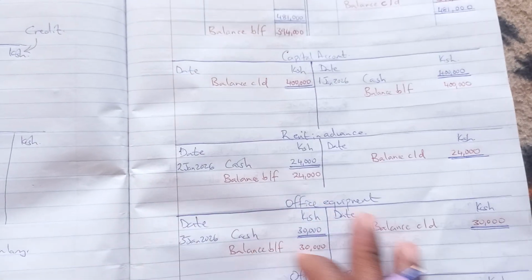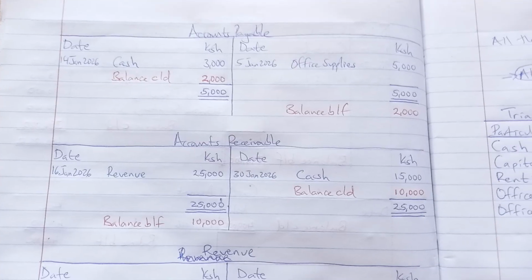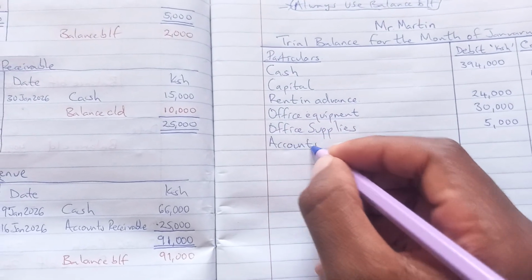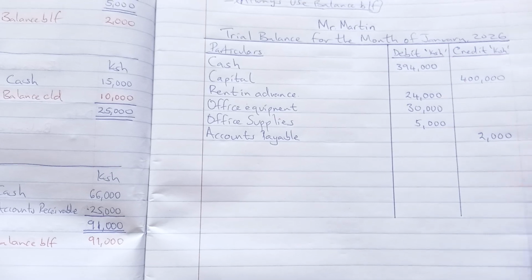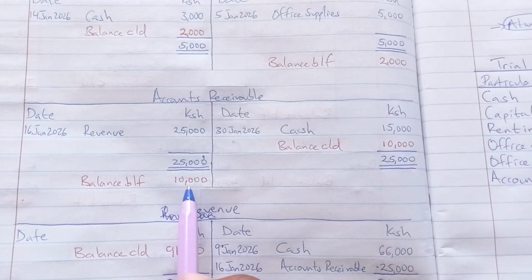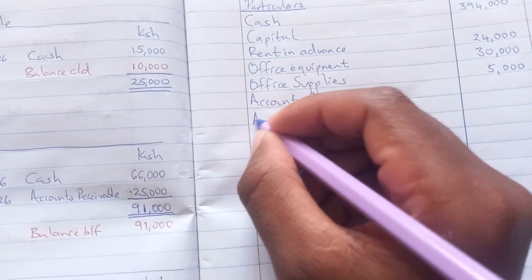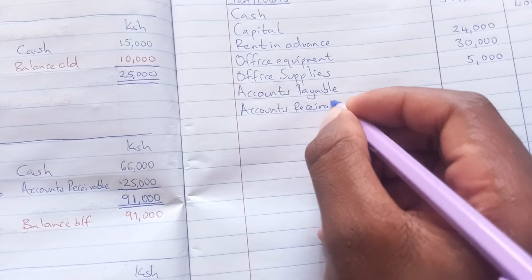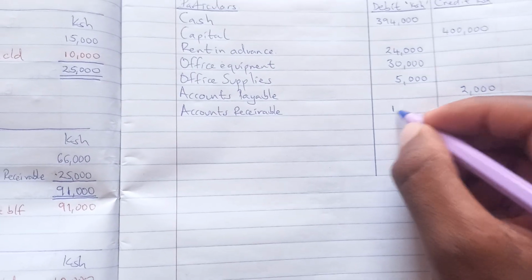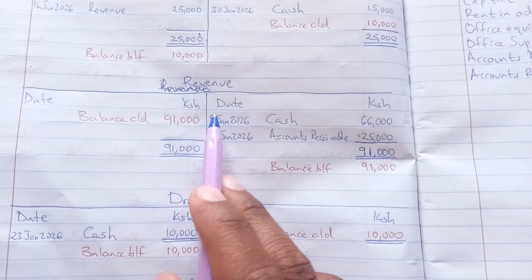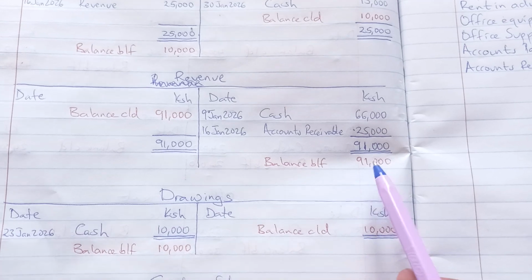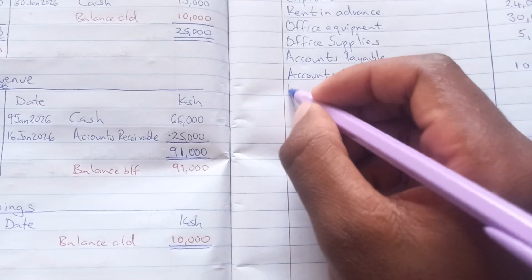I hope you are following through. Get done with that page. Here we are at accounts payable. It has a credit balance of 2,000. Accounts receivable has a debit balance of 10,000. Revenue has a credit balance of 91,000.